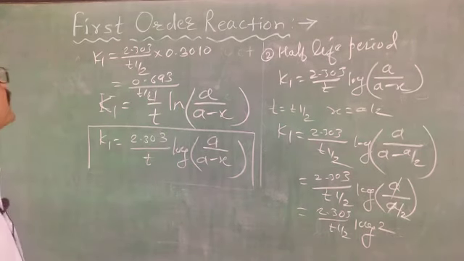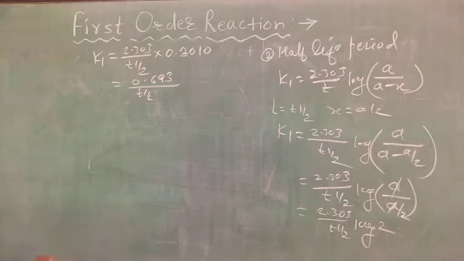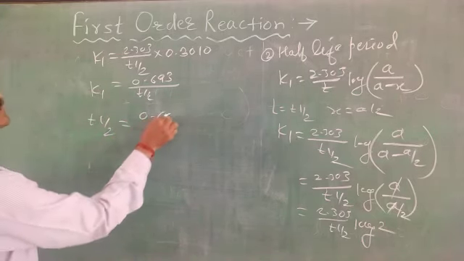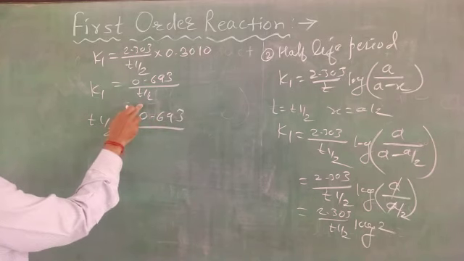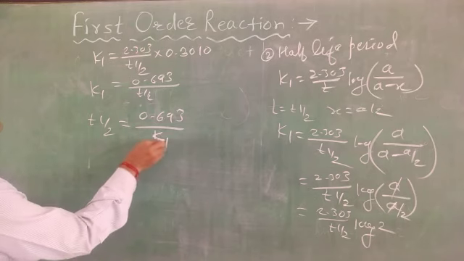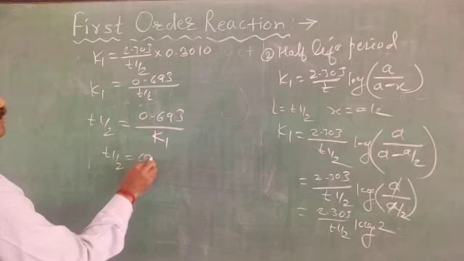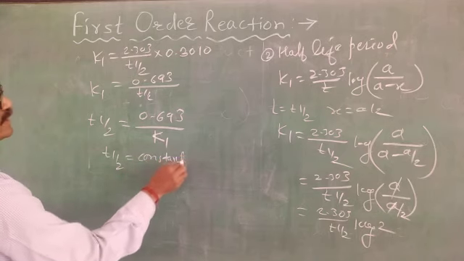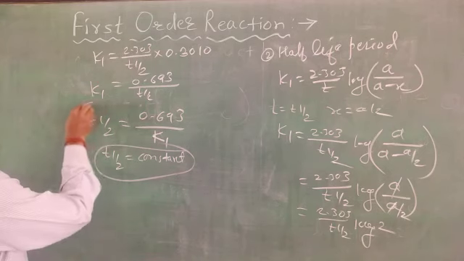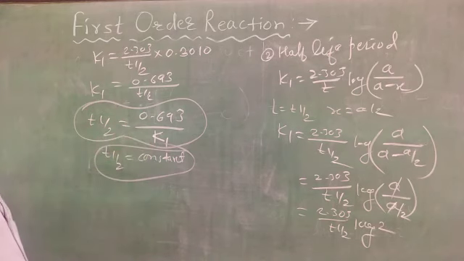Now rearranging this, t half, 0.693 remains as it is, and k1 by cross multiplication comes to the denominator. Now k1 is constant, this is also constant, that's why half life period of first order reaction is constant, or one can say half life period of first order reaction is 0.693 upon k1.